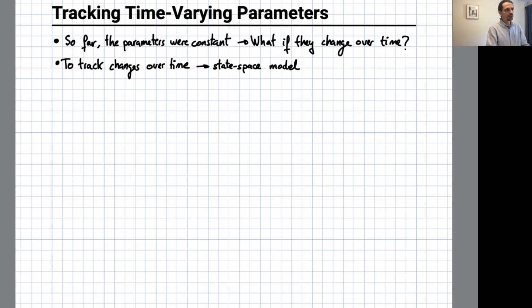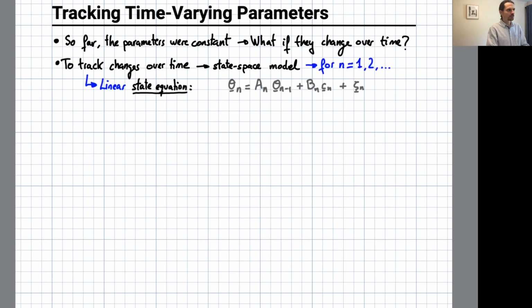It is called in this way because the parameters are typically referred to as the state, right? The state of a system, of a dynamical system. And what is perhaps the most common state space model is the linear state space model, right?